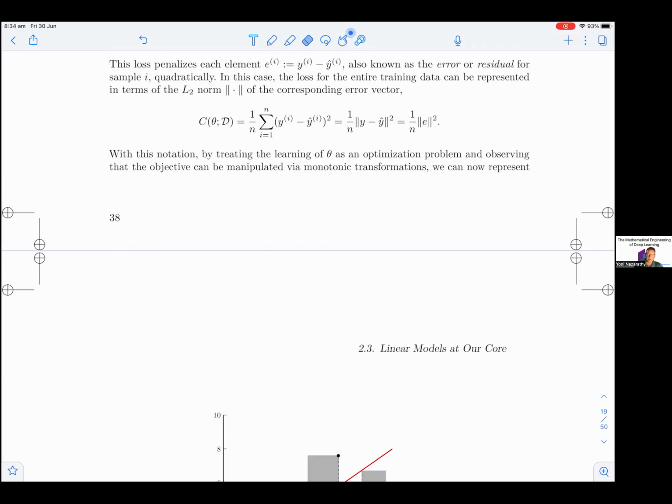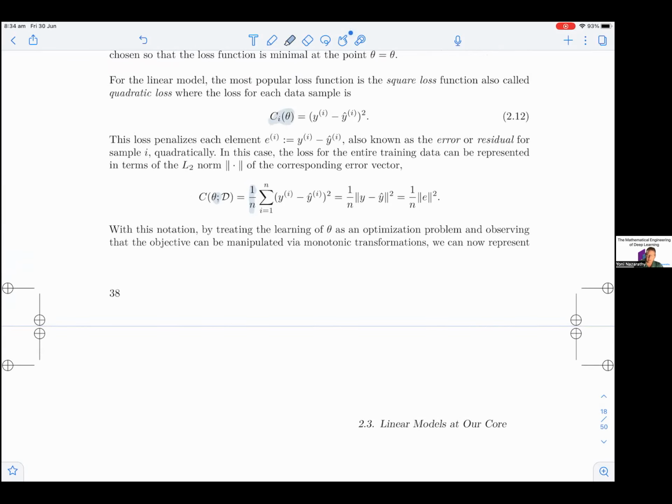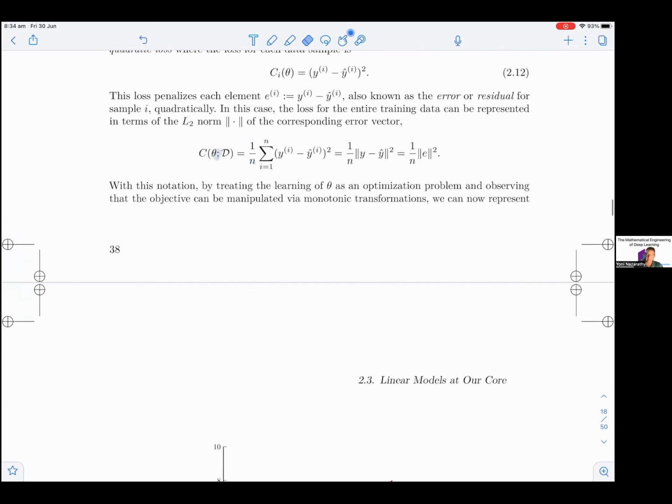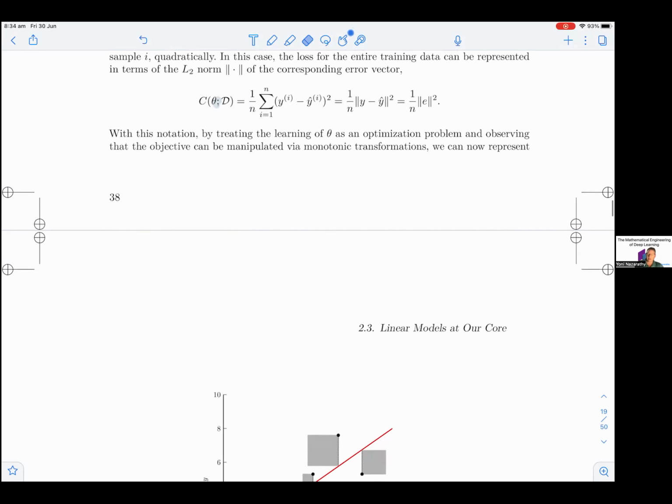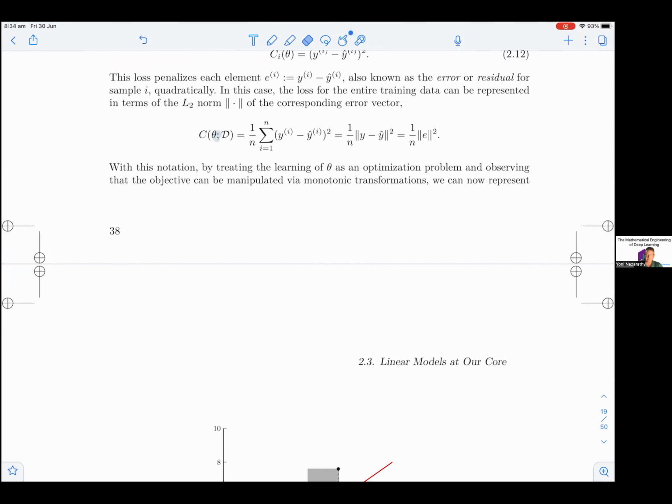So the loss for the whole data is the L2 norm squared, normalized by 1 on n. We like this 1 on n because it's kind of the average over the individual losses, but that detail is not really important. Okay, so that's the L2 norm of y minus y hat, or the L2 norm of the errors or the residuals.